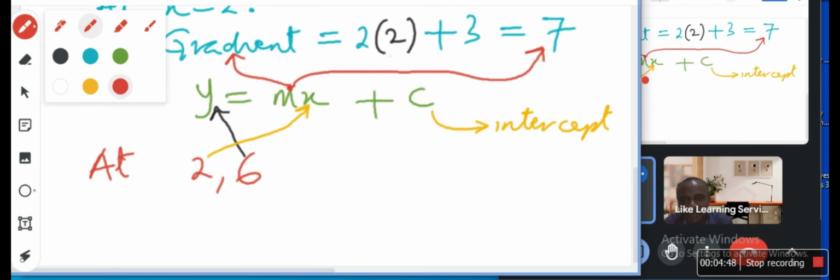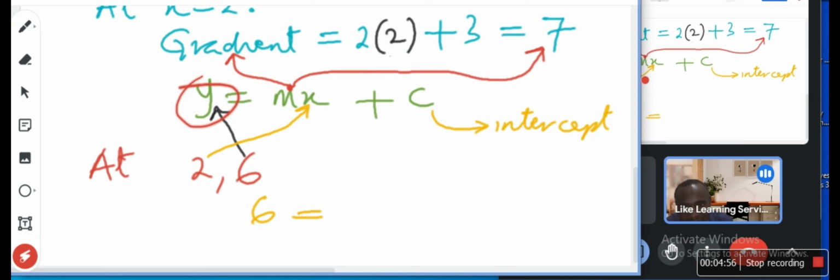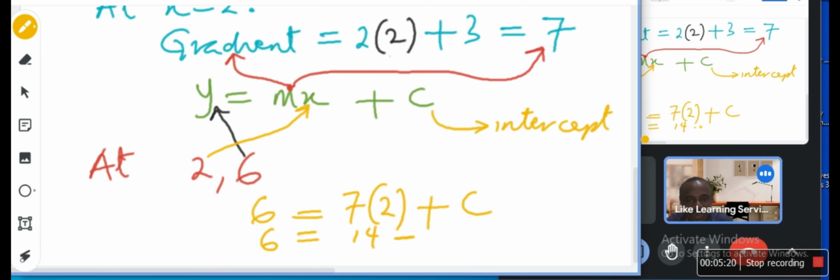So we're going to have, this gives 6 equals, y equals, so it becomes 6 equals, m is what? 7. So 7 times x. X is what? 2. 7 times 2, plus c. We don't know what c is, so we can just use this to find c. So 6 is equal to 14 plus c. What's c? 6 minus 14, which is minus 8.